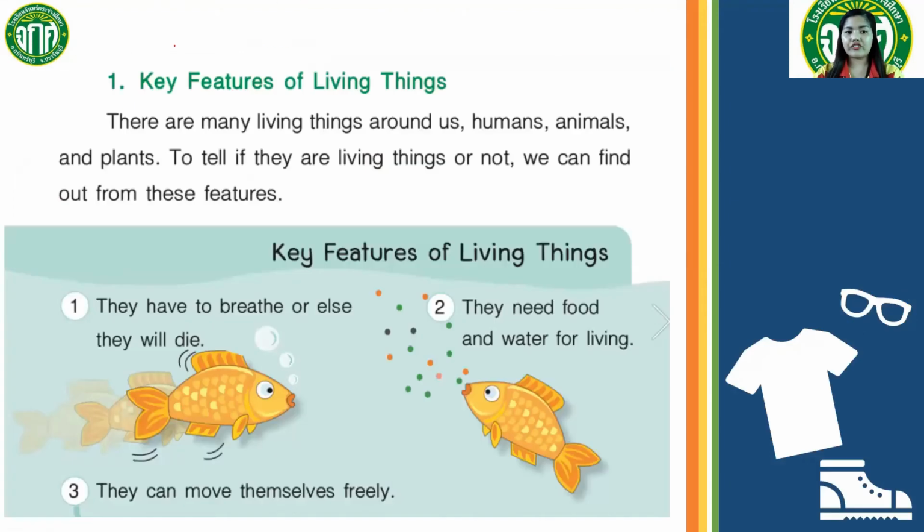Let's start first with living things. What are the features of living things? There are many living things around us, such as humans, animals, and plants. To tell if they are living things or not, we can find out from these features. Number 1, they have to breathe or else they will die.